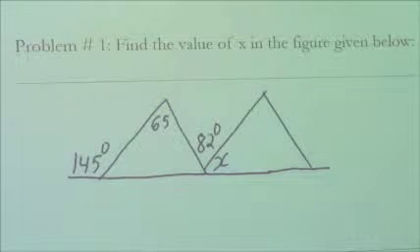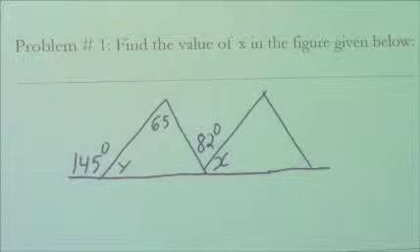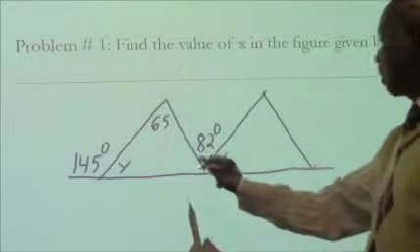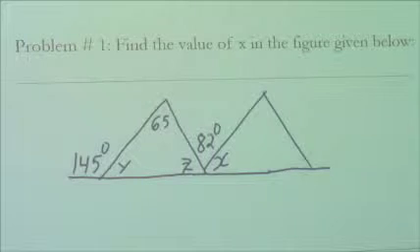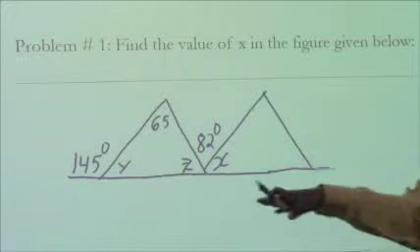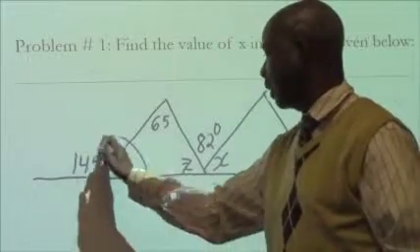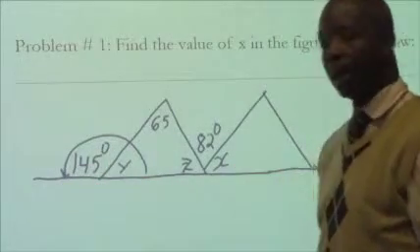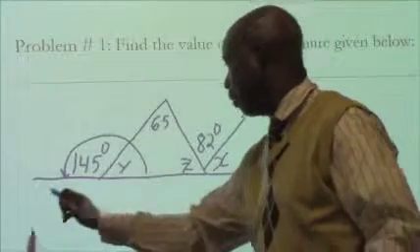First, let me call this angle Y, and let me also call this angle Z, because these are very important angles that might help me to find my angle. Now, how can I find the measure of angle Y? Over here I have a linear pair. Linear pairs are supplemental, meaning that the sum of these two angles must be 180.